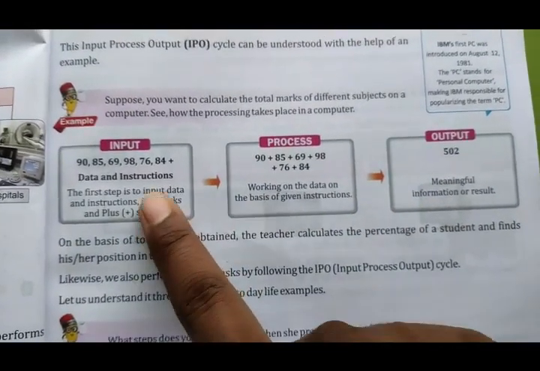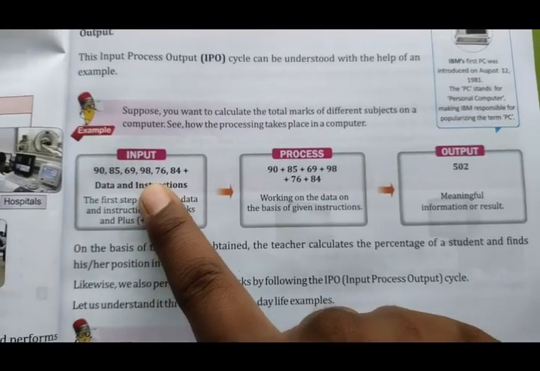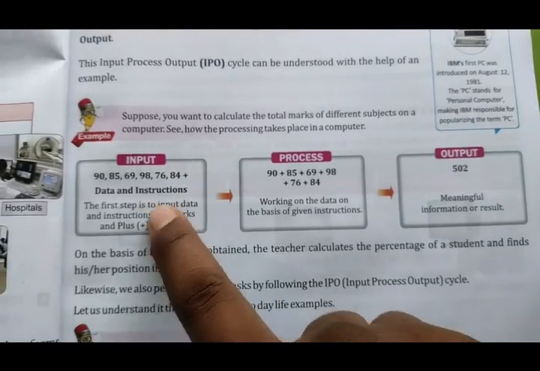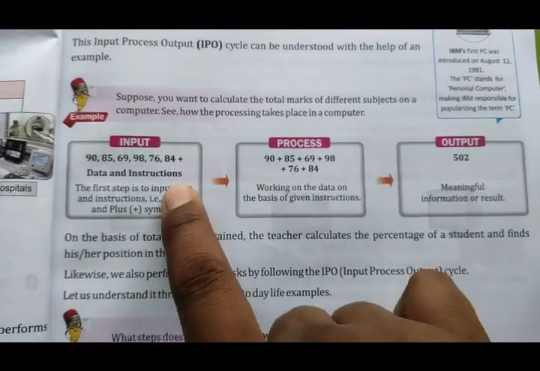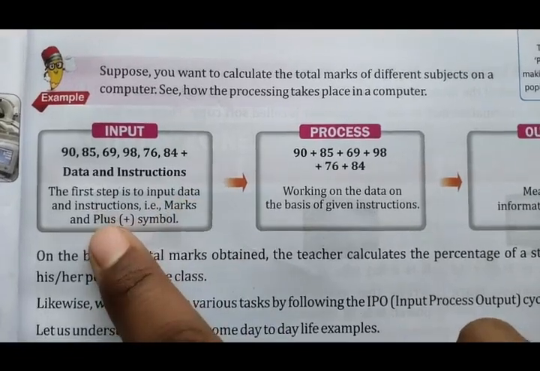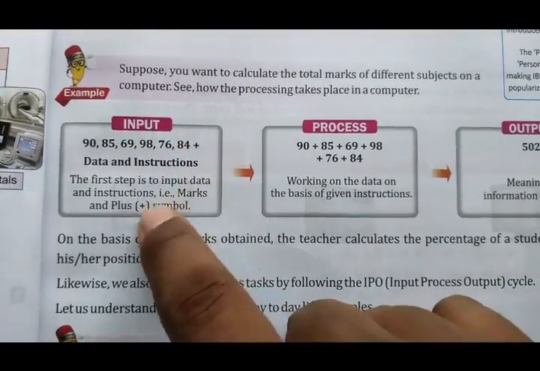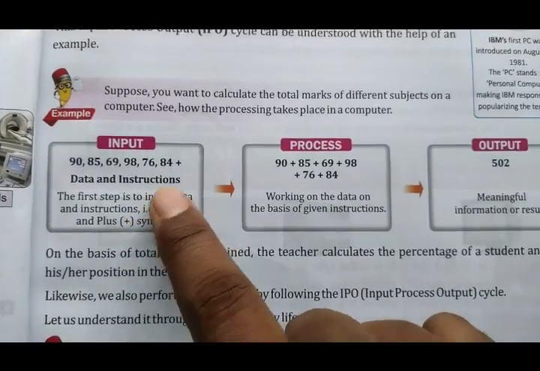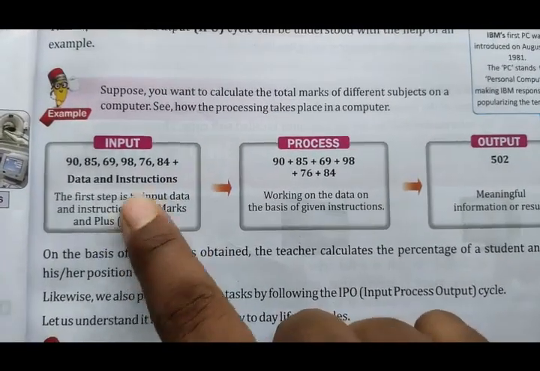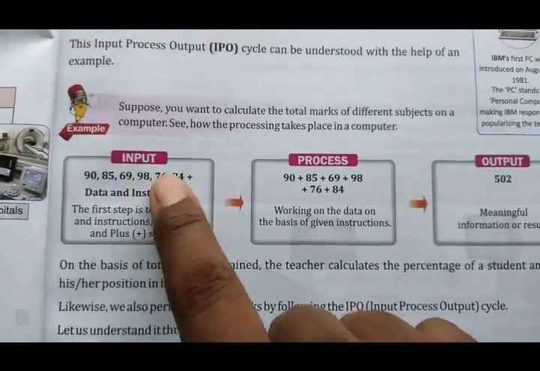So what are the inputs? 90, 85, 69, 98, 76, 84 plus, that is data and instruction. The first step is to input data and instruction, that is the marks and plus symbols. You have to add these numbers.